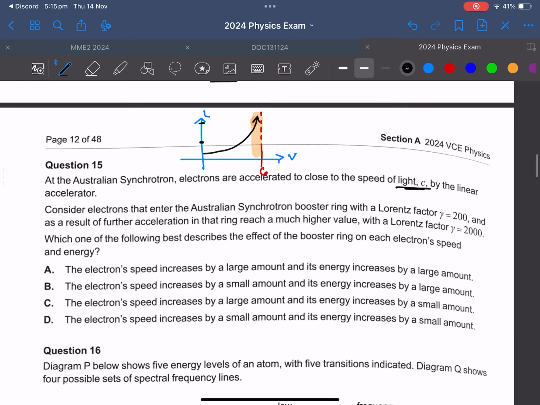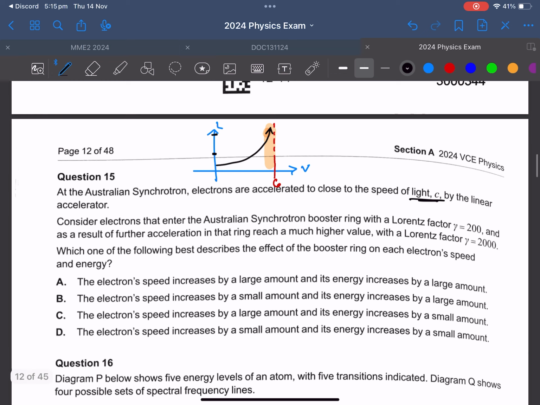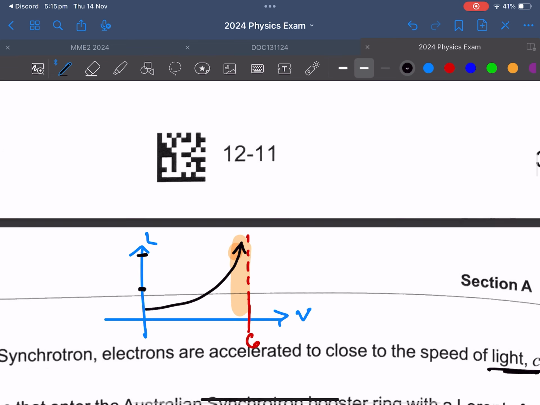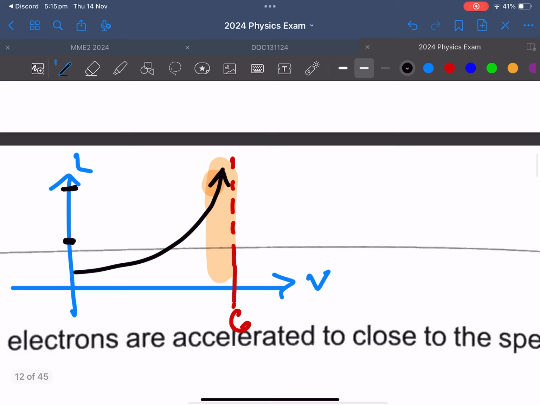Okay, I'm not 100% sure with this question, so if I do get it wrong, just let me know in the comments, and let me know what the actual answer is. So as we approach the speed of light, like I was saying before, regardless of how much we increase the Lorentz factor, the change in the actual speed is going to be quite minimal.